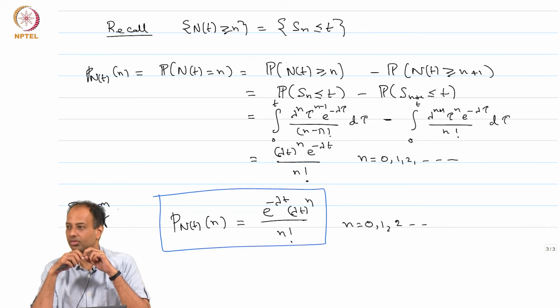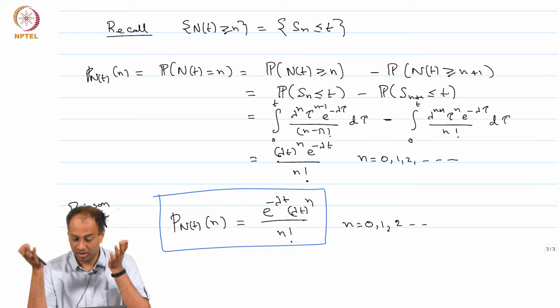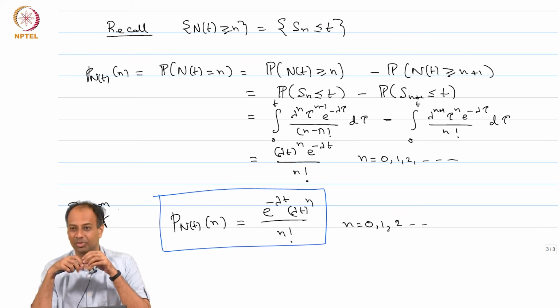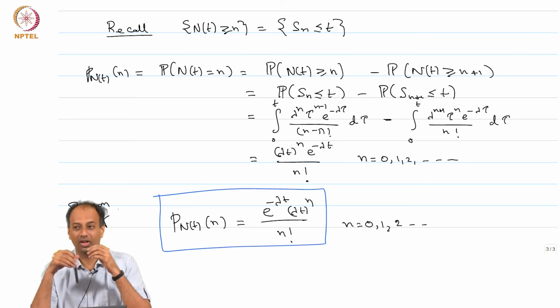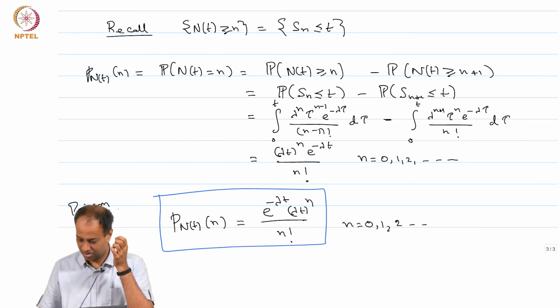Any questions? So, what we did is we know Sn is Erlang distributed. Using the equivalence between Sn and N(t), which we already derived, we just did some algebraic manipulations and got it. Nothing very greatly involved here, except some big integrals.